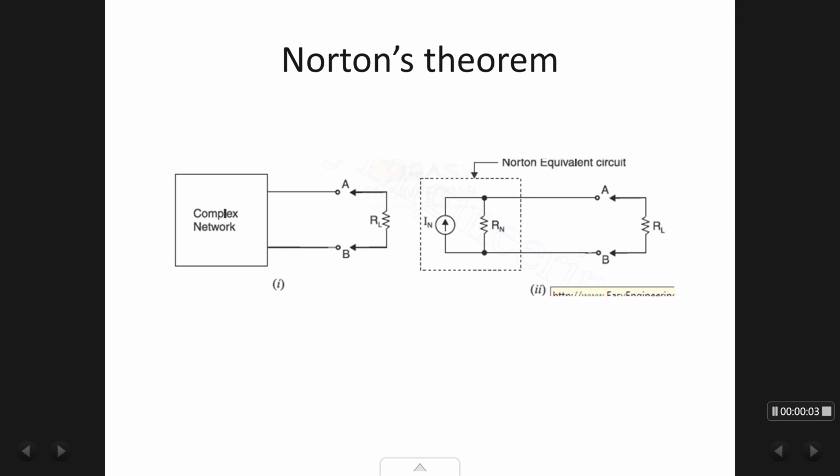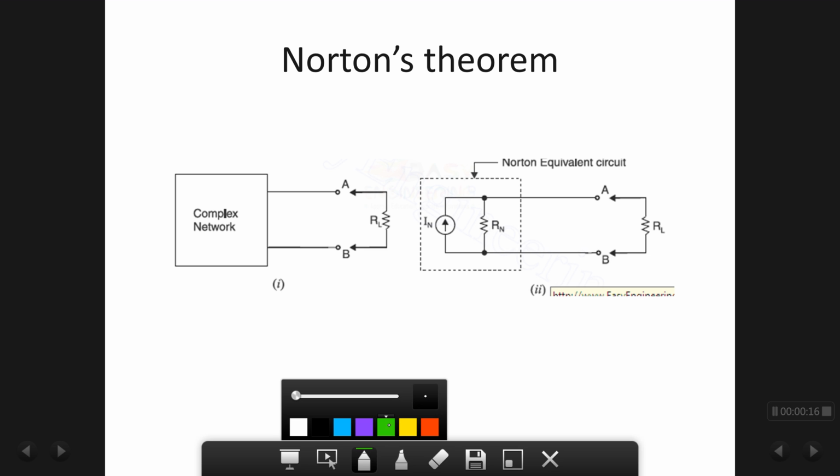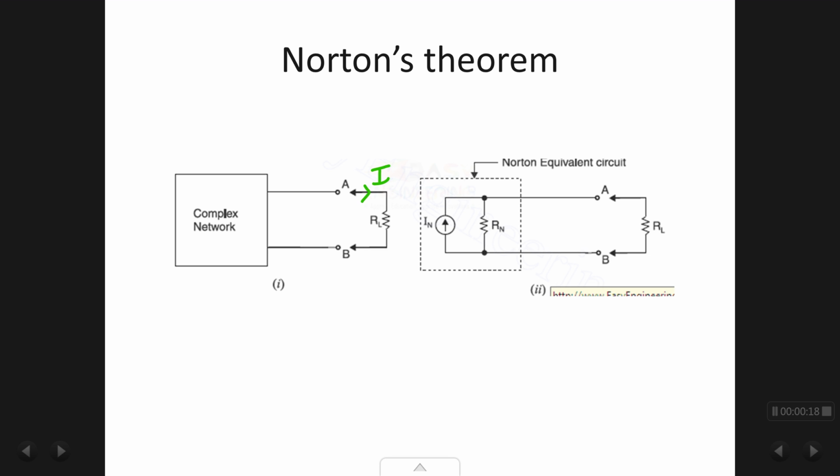Now, if I'm given a circuit which I marked in this block as a complex network, and this is my resistor, and you are told to find the current in this load resistor. That is what you are asked. This complex network is a combination of resistors.